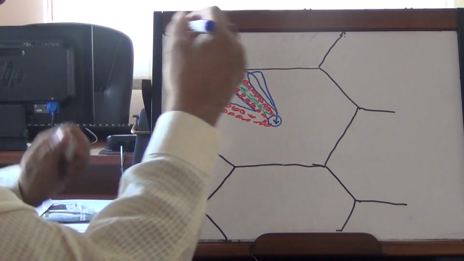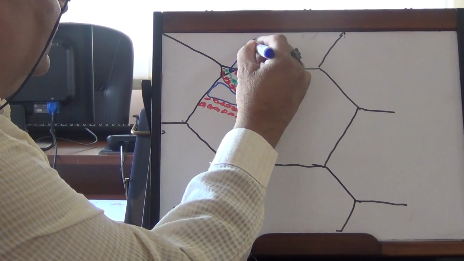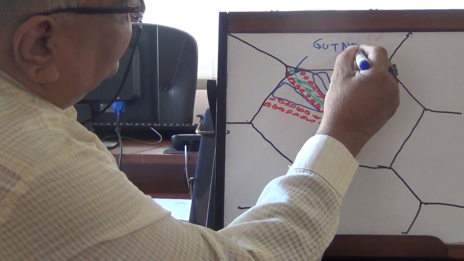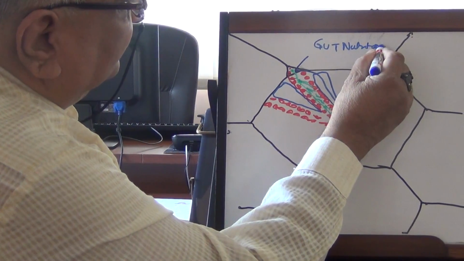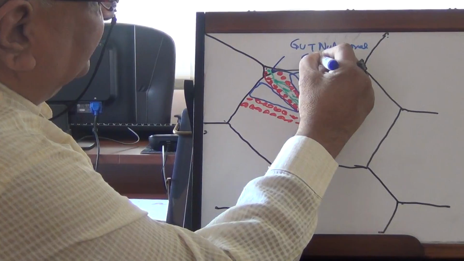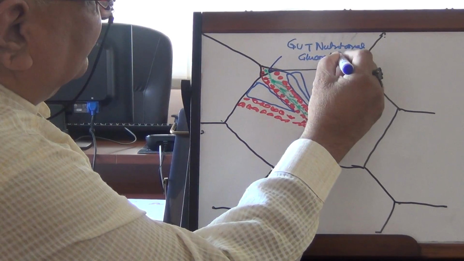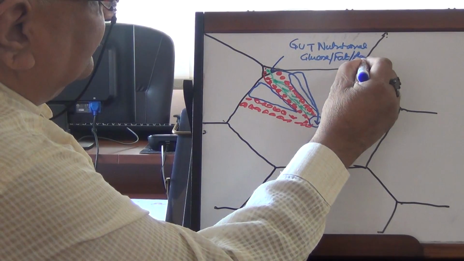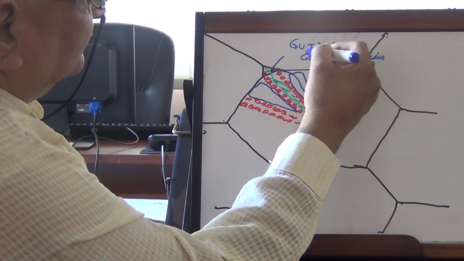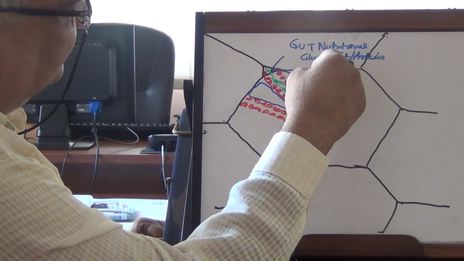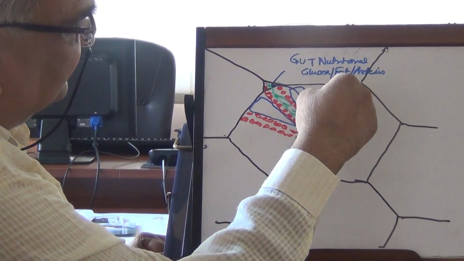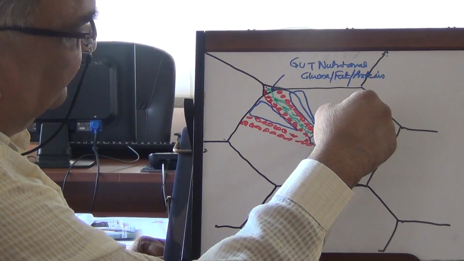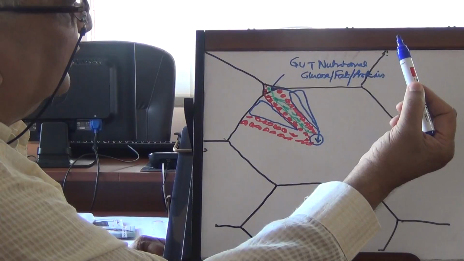and as you know, this portal vein is coming from the gut, having nutritional products, which means glucose, fat, and proteins, which are metabolized by these cells, stored to some extent, and given as per need into the portal vein.